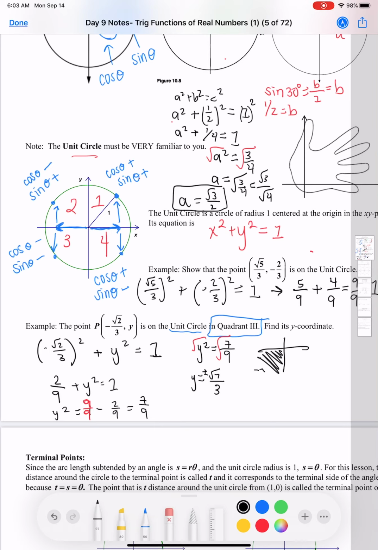Okay, so we have a negative x, negative y, so that means I'm going to take the negative of this y value and write my coordinate pair, negative root 7 over 3.